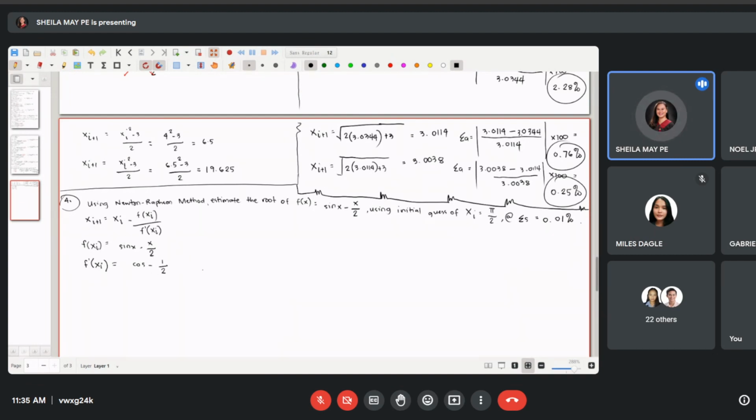So that's cosine x minus 1 half, our derivative.